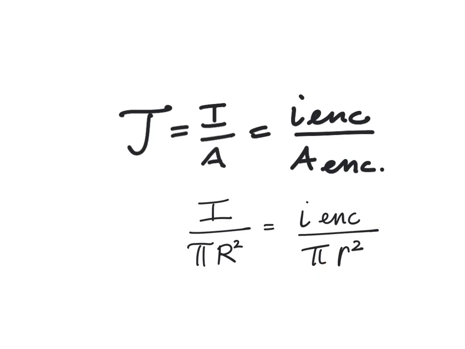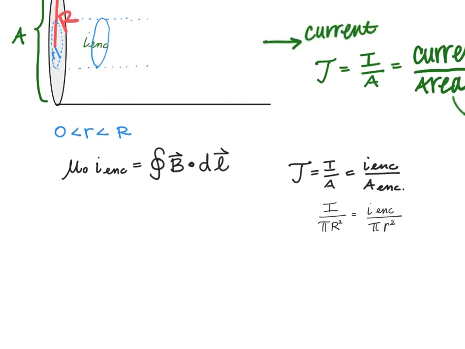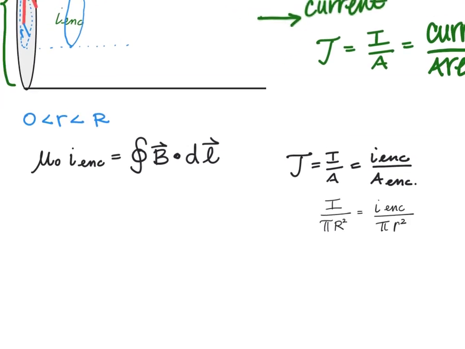So then we can write our current enclosed in terms of the total current: I enclosed will be equal to the total current through the cable times r squared over capital R squared.